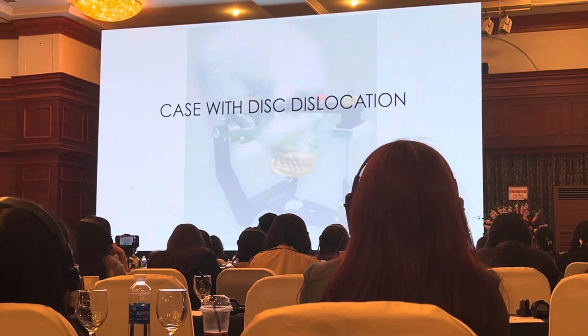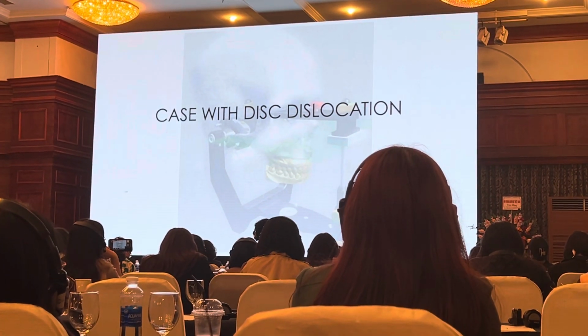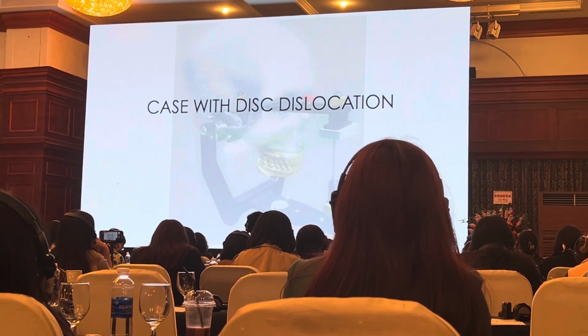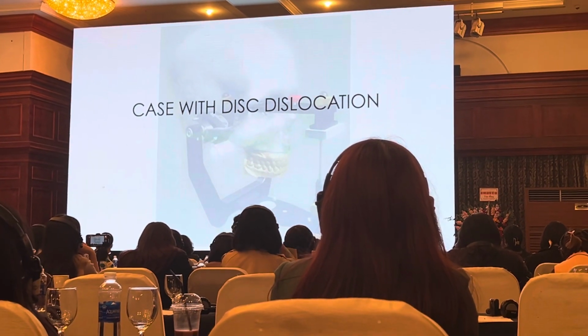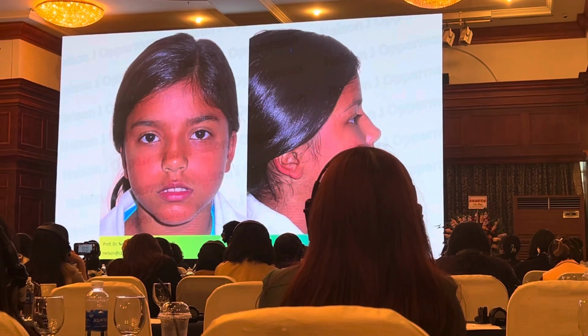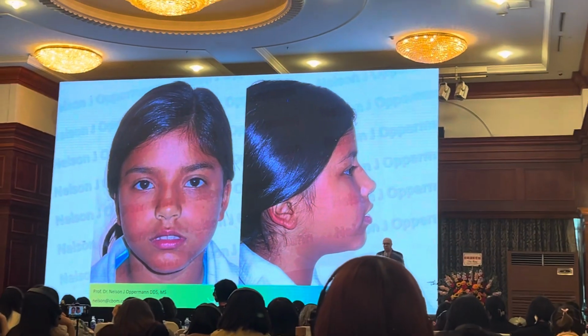So in this case, with the disc dislocation, I prefer to bring you some TMD cases, okay? TMD cases are interesting because you can treat them with this system in a super easy way, okay? So with this dislocation, for example, I treated this kid in the past in a traditional way.